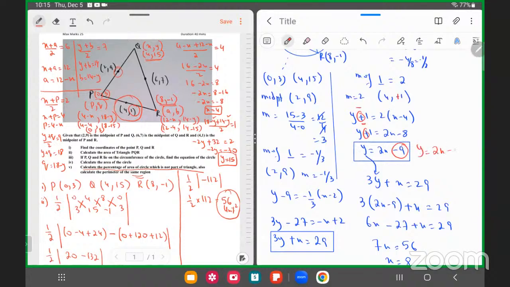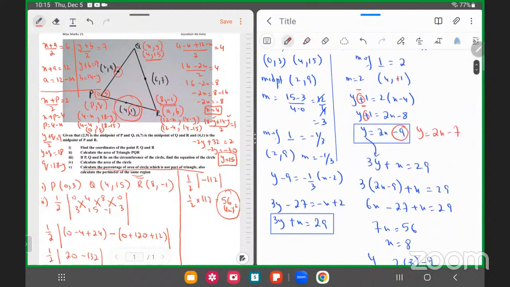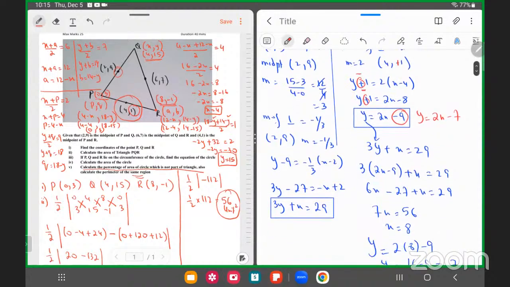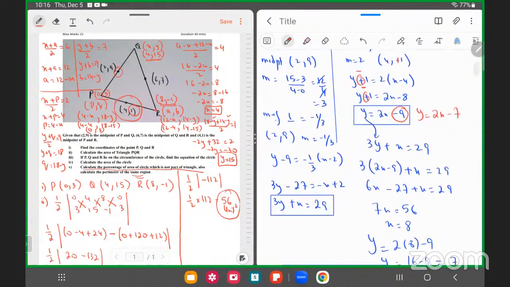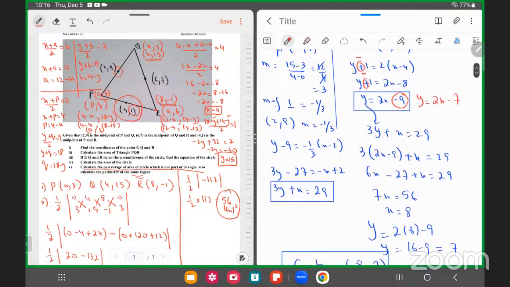Y is 2x minus 7. And if y is equal to 2x minus 7, then accordingly we need to change everything.